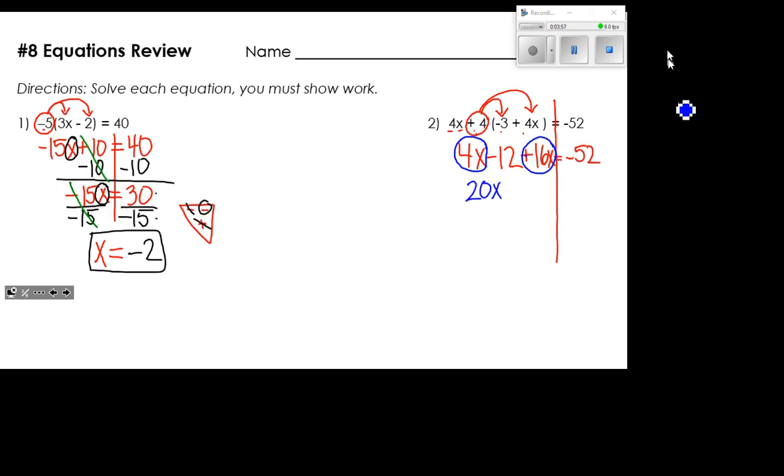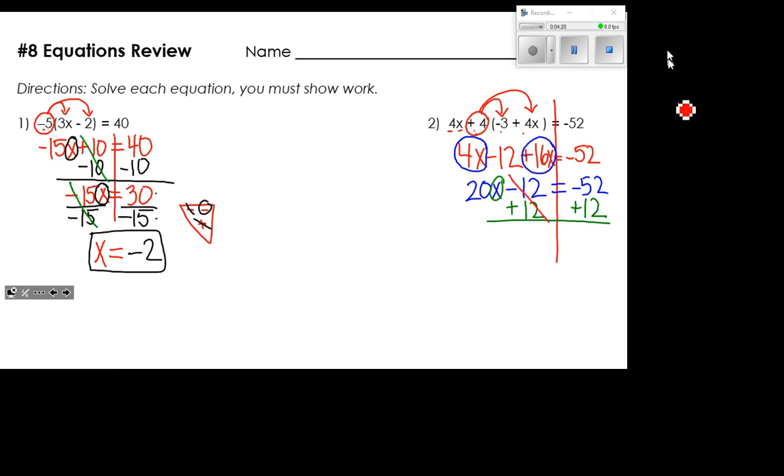So 20x minus 12 equals -52. Still isolating that x, we want to get rid of the -12. To do that, we're going to add 12 to both sides. So +12, plus 12, and we always have to cancel.